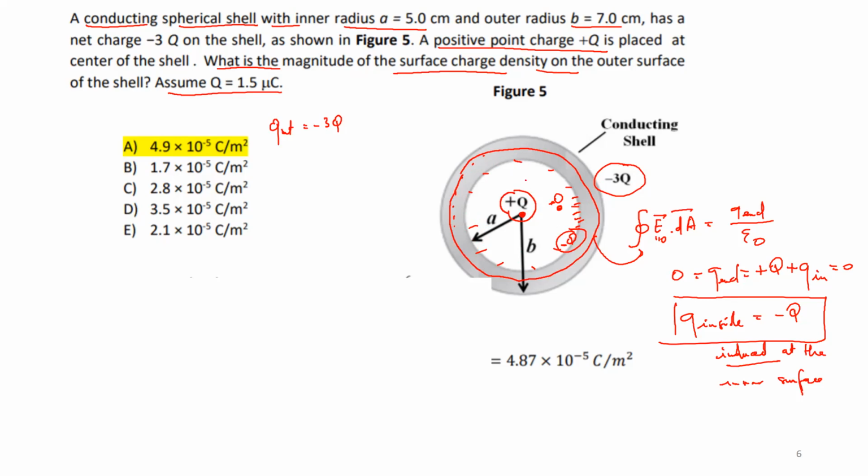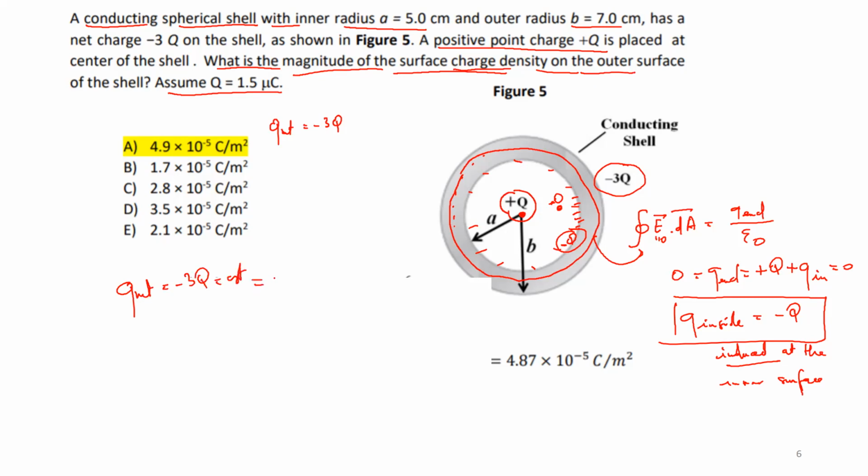Now, second thing, I want the outer surface, because that's what I want. I want the magnitude of the surface charge density on the outer surface. What should I do? Easy. I know that Q net on my shell is minus 3Q, and this is a constant.